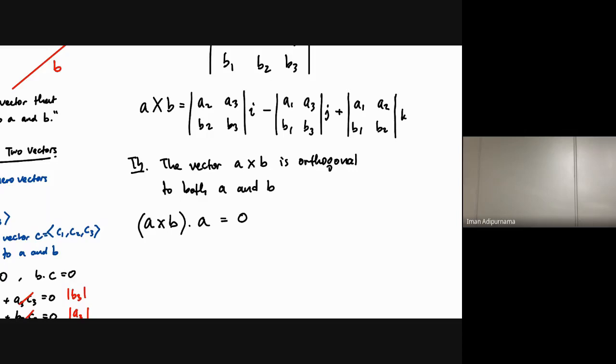Or you can also dot with B. The result will also be 0. So let me write in terms of B. It's also 0. Okay. And therefore, it's orthogonal.